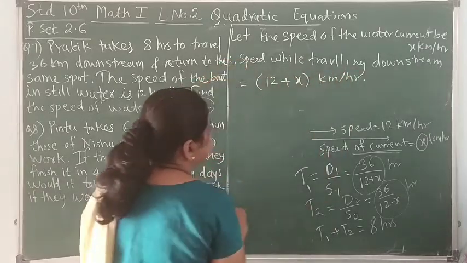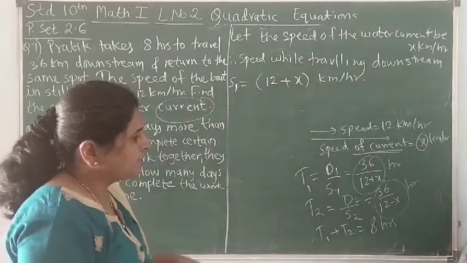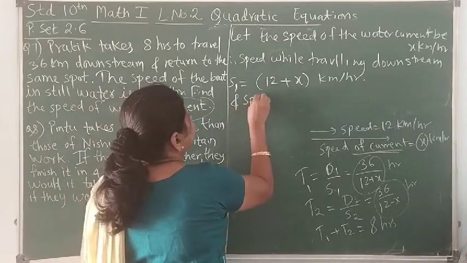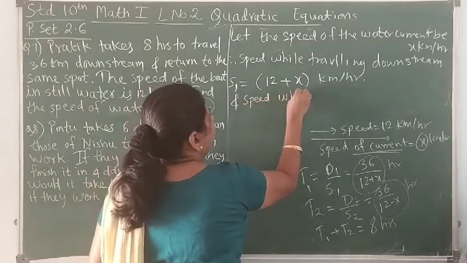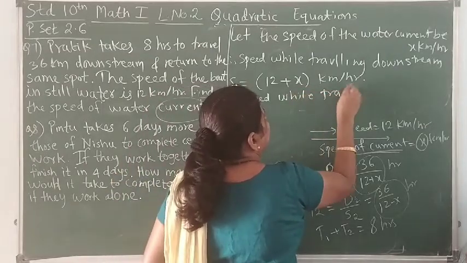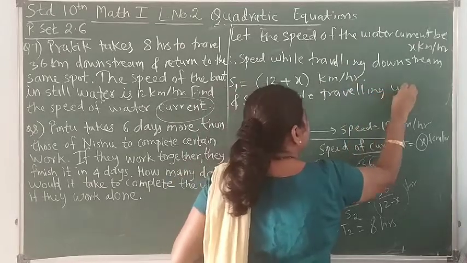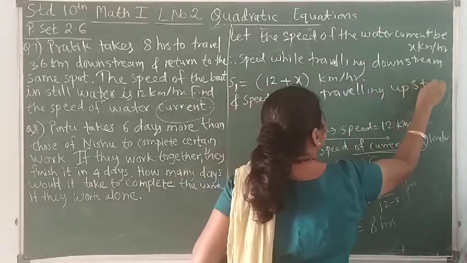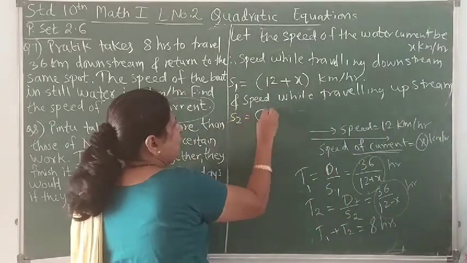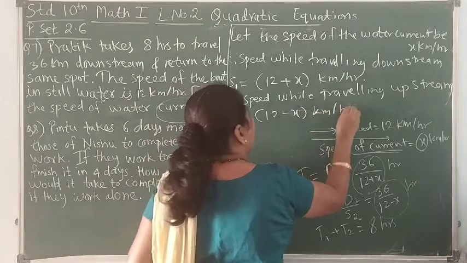Correct? We can call this S1, as we have taught, S1, S2, T1, T2. And the speed while traveling upstream, that S2, is equal to 12 minus x kilometers per hour.